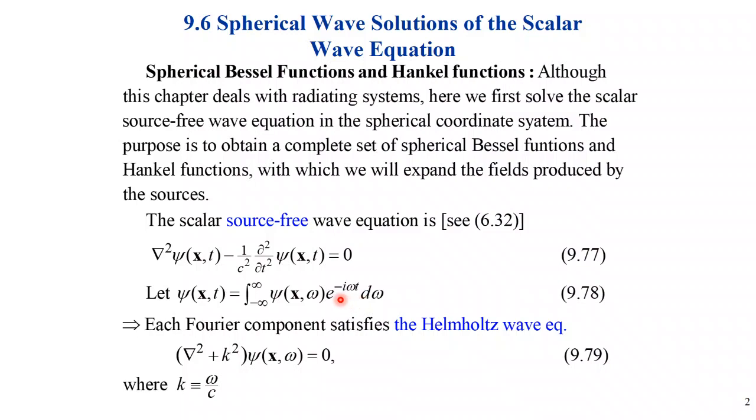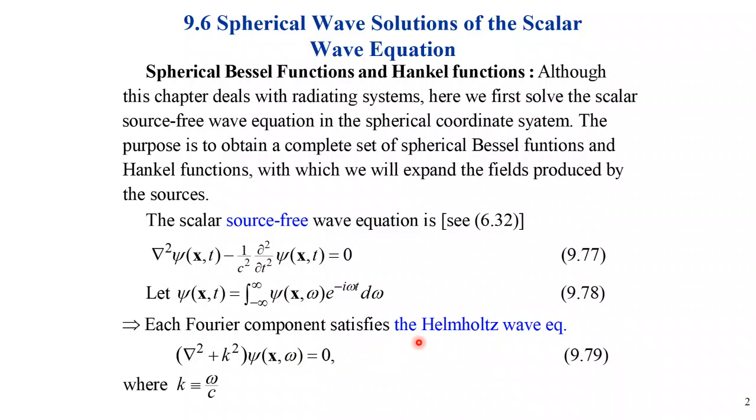That means we can consider one frequency at a time. So from the time-dependent source-free wave equation, we can change to the time-independent source-free wave equation. Each Fourier component satisfies this equation.